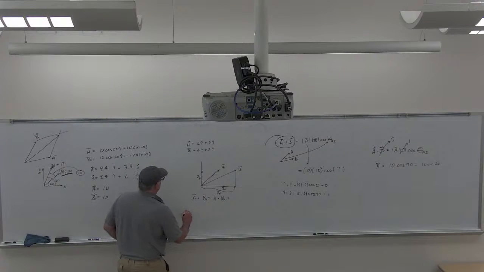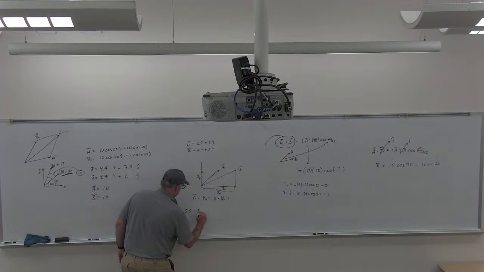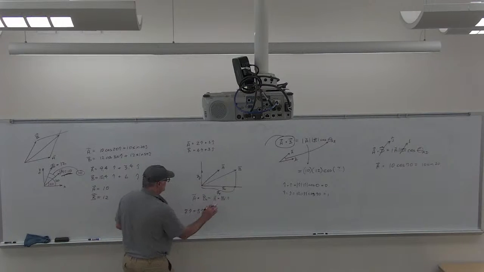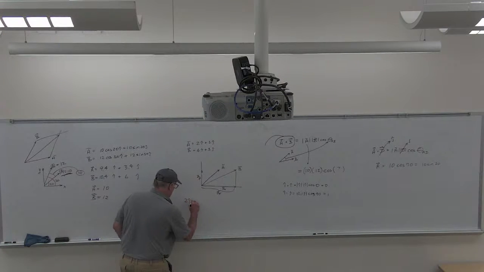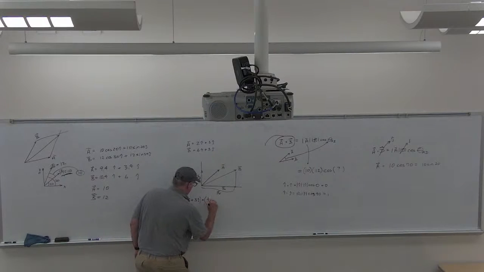Here's what I mean. 2I plus 3J. I'm going to do the whole thing without components. 2I plus 3J dotted with 4I plus 3J.